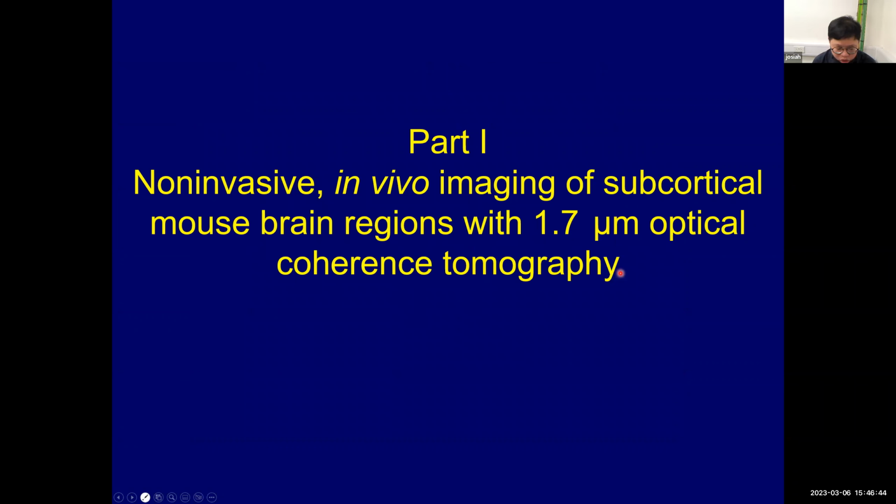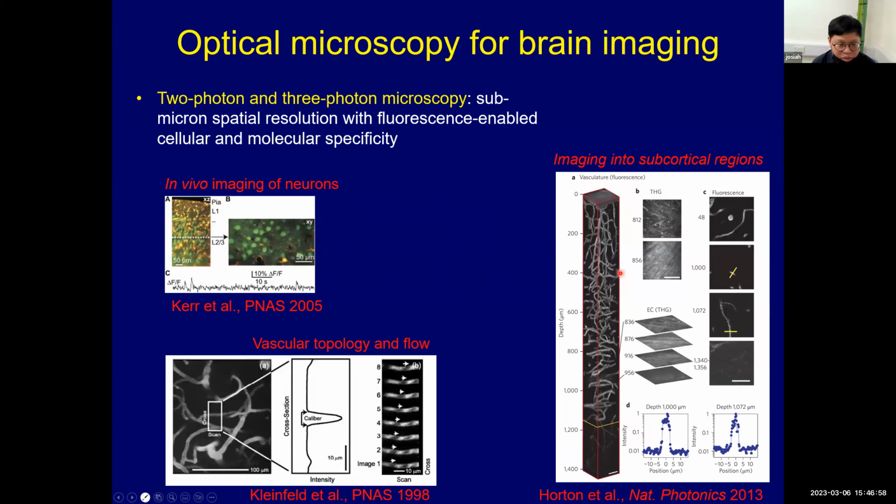So I'm going to quickly go into the first part of the talk, about using the 1.7 micron OCT to look at the mouse brain in vivo. Most of you are quite familiar with two-photon and three-photon microscopy, and they are very powerful in giving you very high resolution images of the neurons and other cellular structures. Like in this case, you can resolve the vessels and things like that.